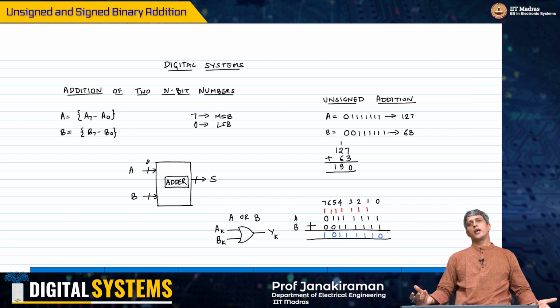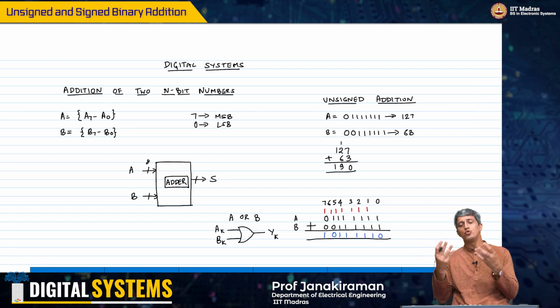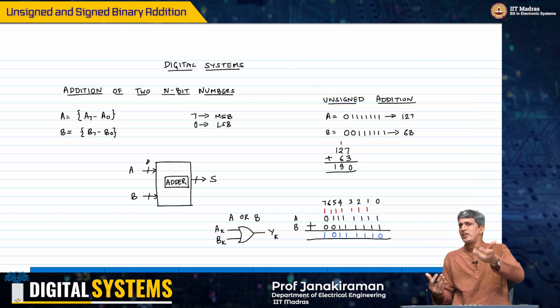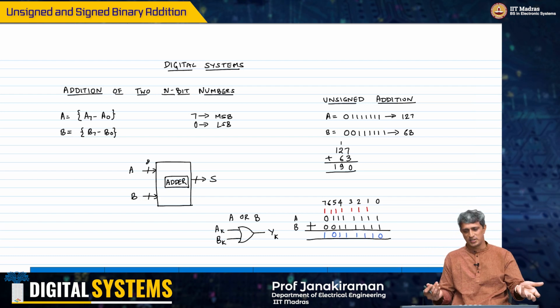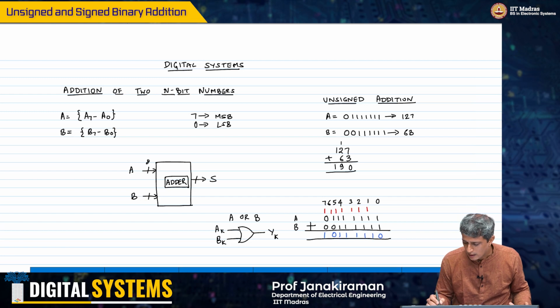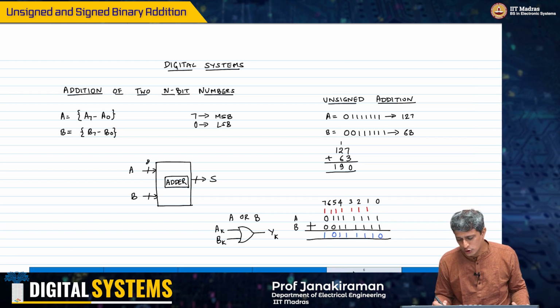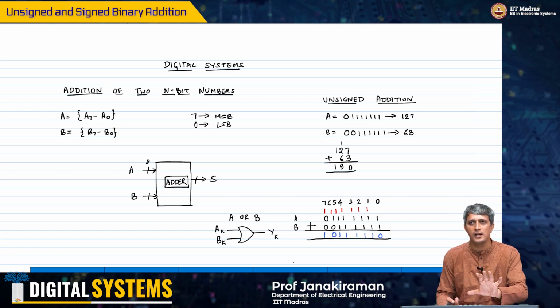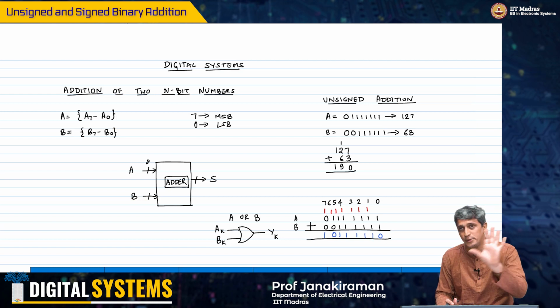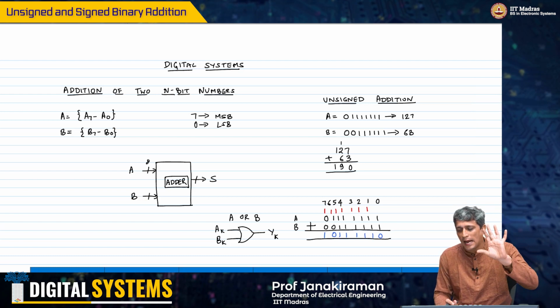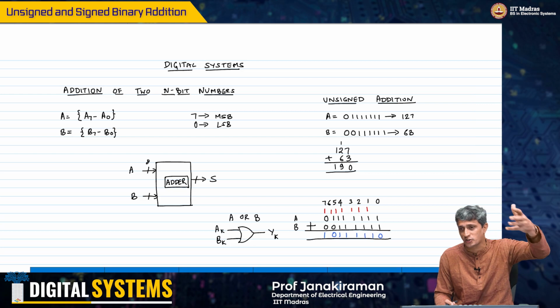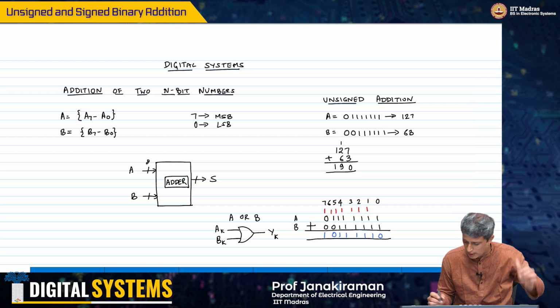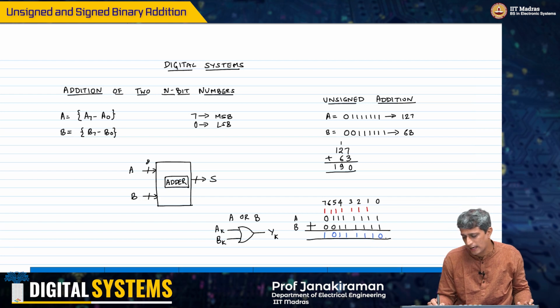So therefore it is very evident that we were able to do the binary addition in a manner very similar to what we are used to in the decimal system. And in this case, it so happens that the answer is representable in just 8 bits. You did not have to go to an extra bit. So first of all, we can check our answer. Is this equal to 190?